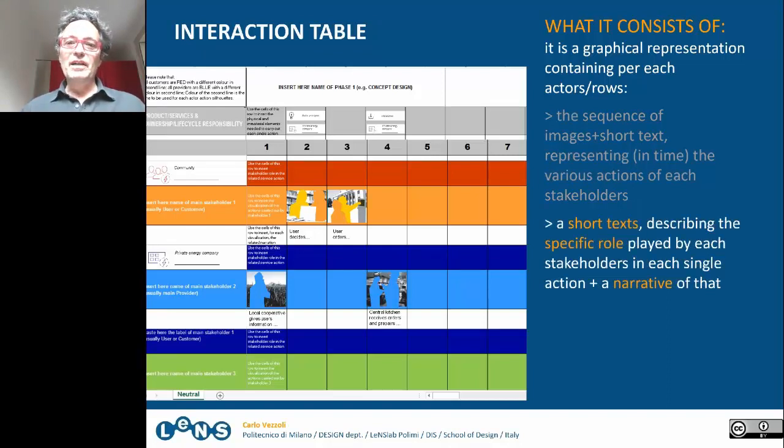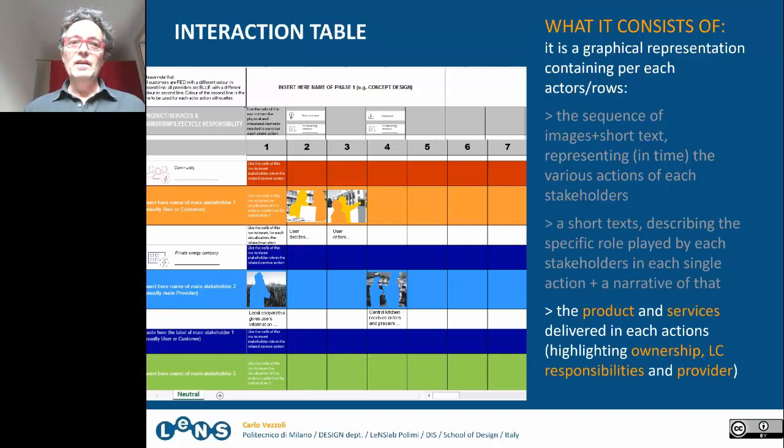Then we will have a short text describing either the role and a narrative of that. Finally, for each column, we will have a product and services and who is the owner of the product and who is delivering the services in relation to the action linked to that column.